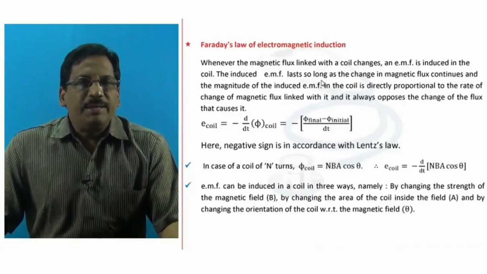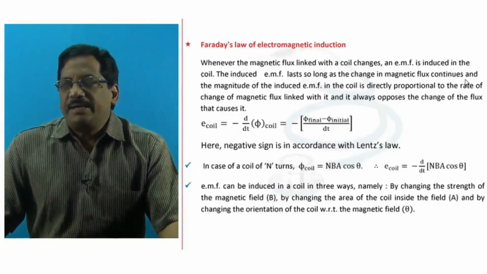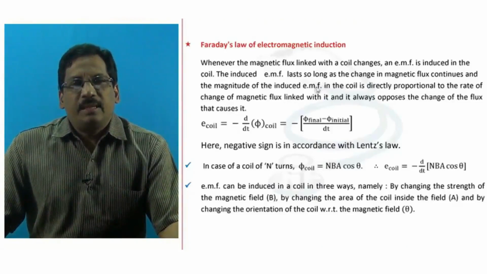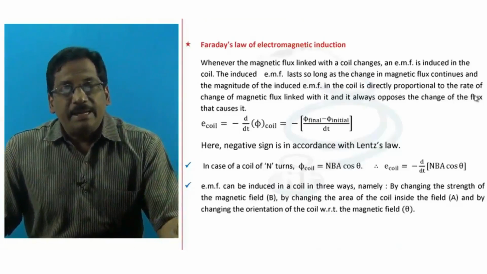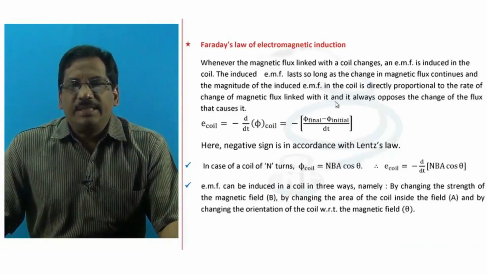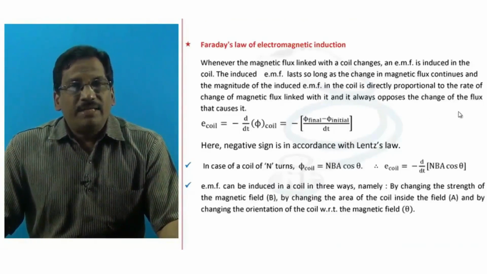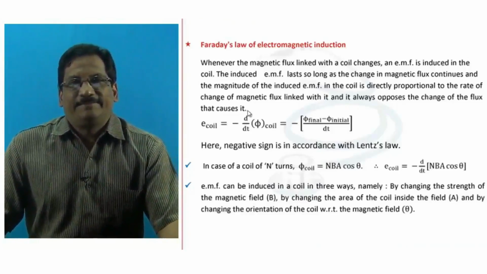The induced EMF lasts so long as the change in the magnetic flux continues, and the magnitude of the induced EMF in the coil is directly proportional to the rate of change of the magnetic flux linked with it, and it always opposes the change of the flux that causes it.